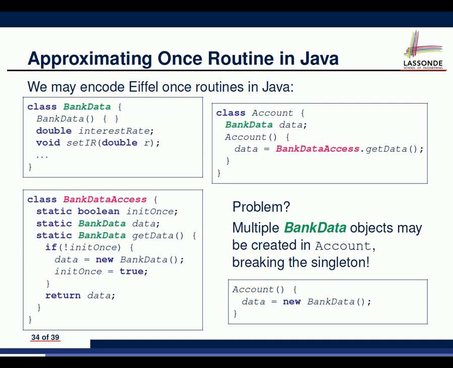I'm just saying for this particular implementation, it does not guarantee singleton. It does not. So what we should really support in addition to this is to say the constructor for bank data, this constructor here, is only allowed for the bank data access to call. That's what we want to say, but not any other class.